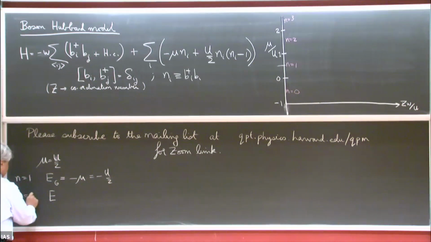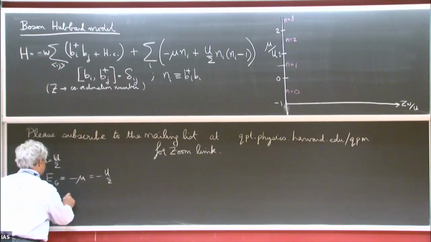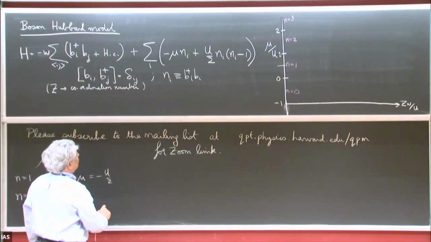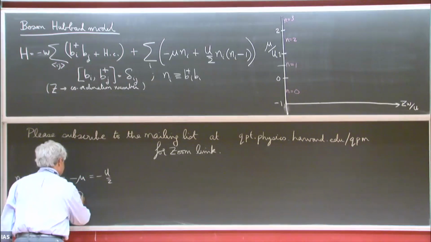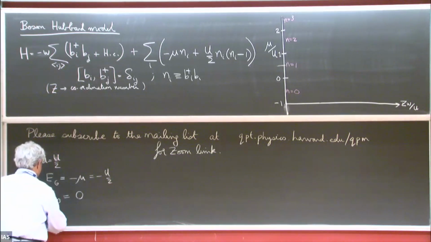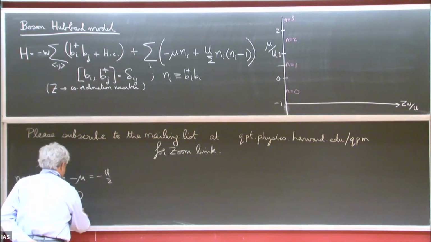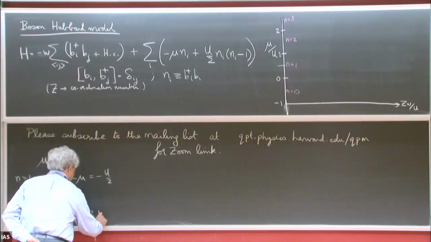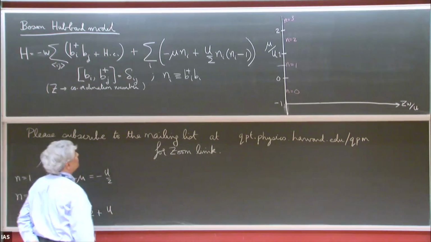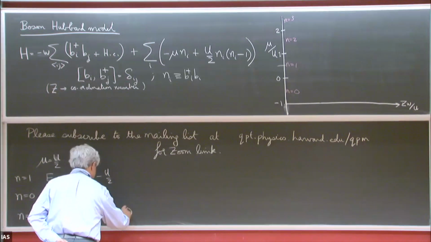You could have n equals 0, and that has energy E0, and that's just 0. And then you could have n equals 2 and 3 and 4, but the others will have much higher energy. And E sub 2 will be minus u over 2 times 2 plus u. Yeah, okay, which is also 0.